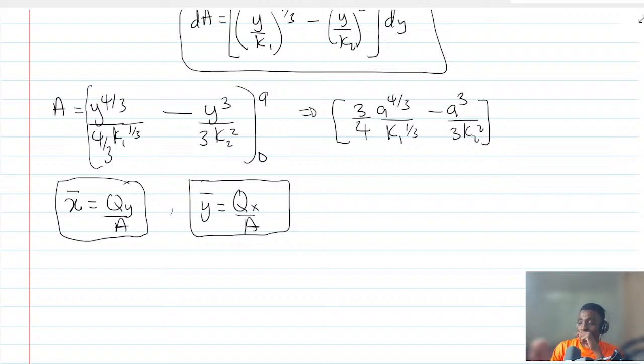For instance, if you want to find Qx, which is the first moment of area, then you integrate the small element, because don't forget that we are dealing with integration. That is why we have dA. The dA is like you have a small area and you are integrating that small area. So dQ is like you have a small first moment of area and then you are integrating the first moment of area. Okay. All right.